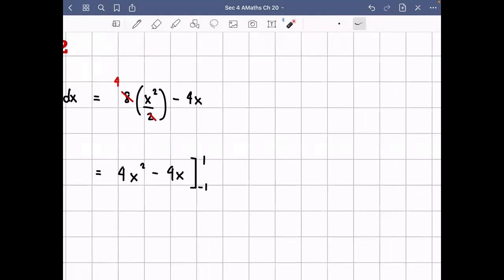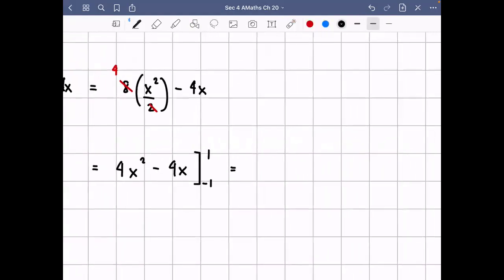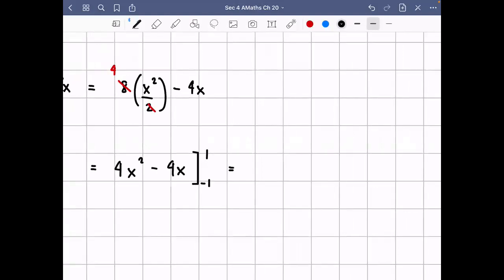So this is equal to, I need to use some brackets here. Let's have 4, basically the upper limit first. So 4 times 1 squared minus 4 times 1.